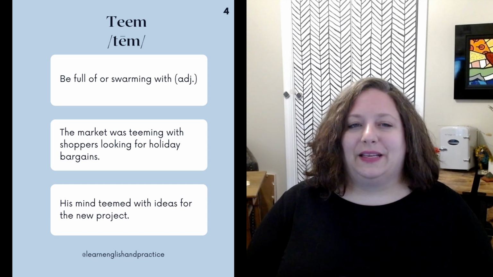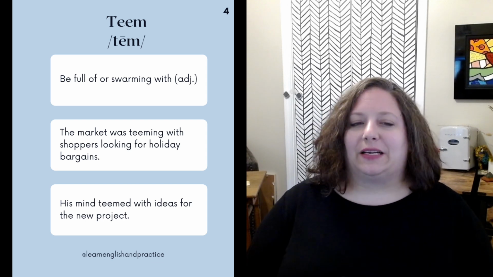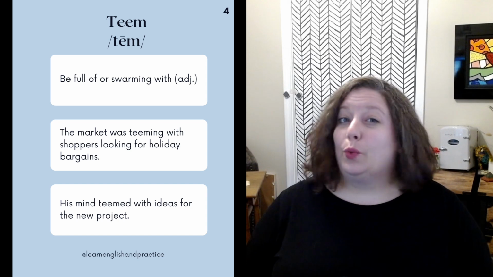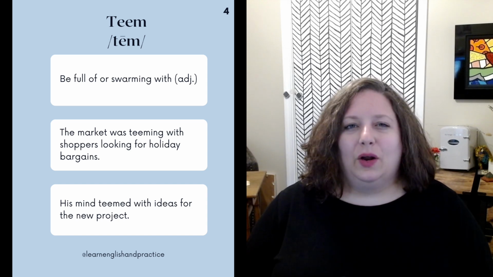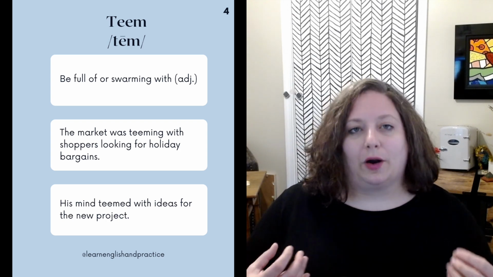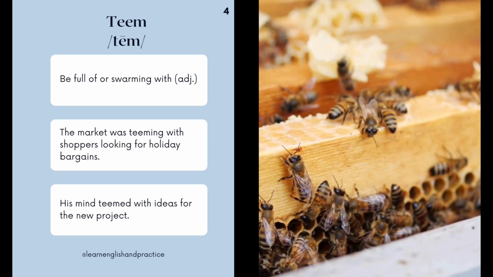Teeming. This means be full of or swarming with, as an adjective. Notice the spelling, T-E-E-M-I-N-G. This word with the two E's is often used to describe high levels of activity, often amongst multiple parties. So a hive of bees might be teeming with activity.